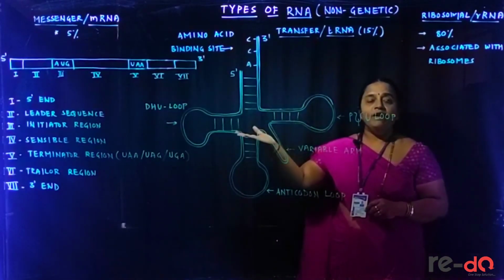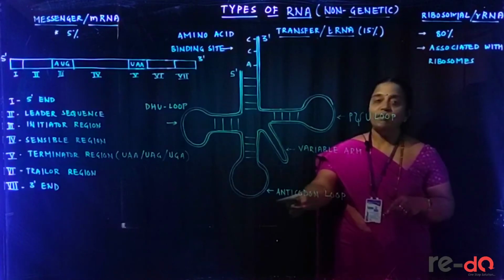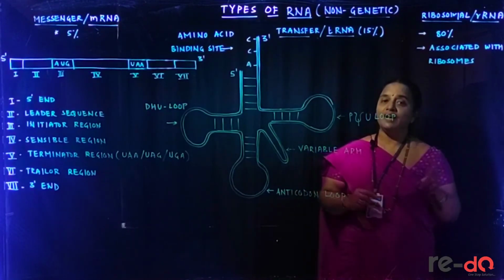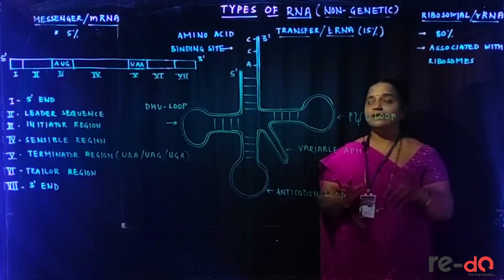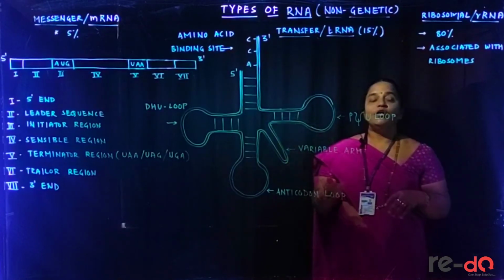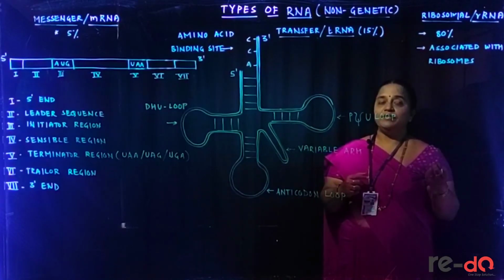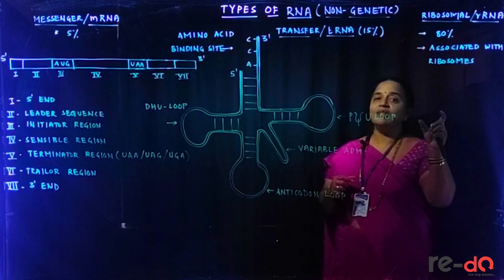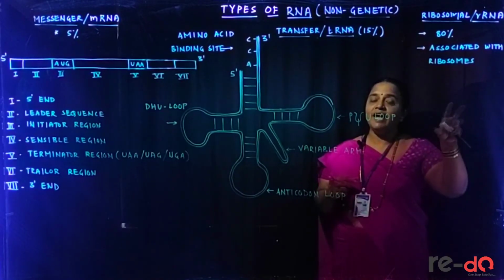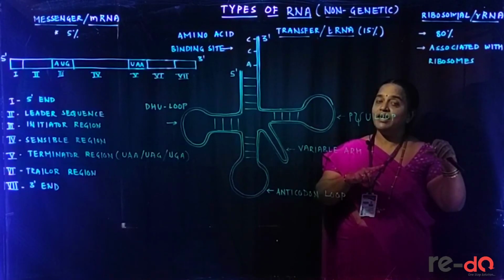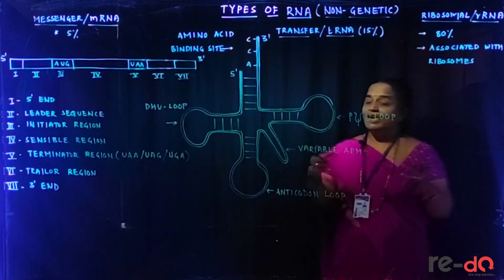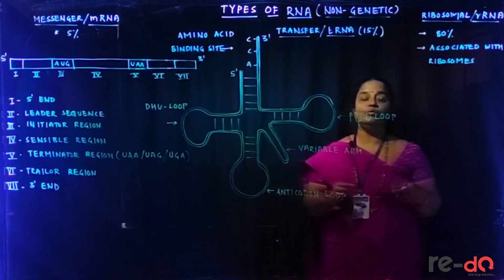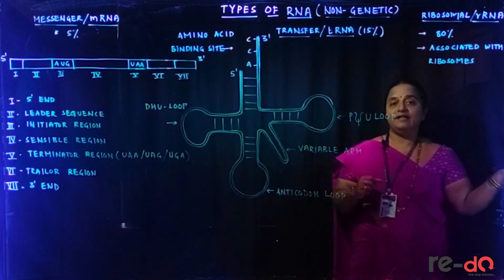So the codon of mRNA is recognized by the complementary anticodon of tRNA. In other words, codon and anticodon should be complementary. So when a codon is exposed on the ribosomal unit in mRNA, a specific tRNA having the complementary anticodon gets activated and it will signal the DHU loop to activate the amino acid.